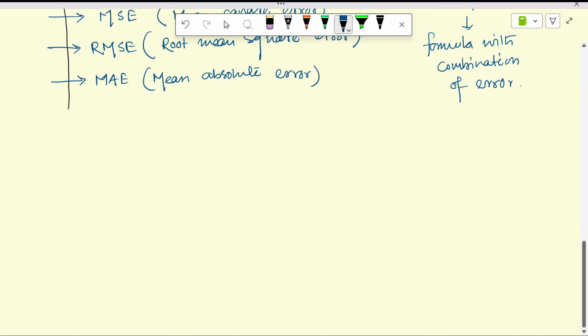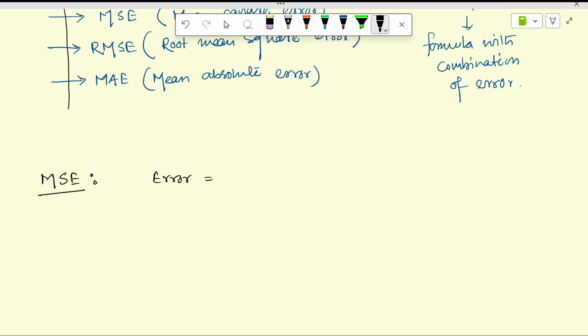So let's discuss one by one, and there are some advantages and disadvantages also. First we discuss MSE, mean square error. As the name suggests, first we take the error. So how do we find the error?